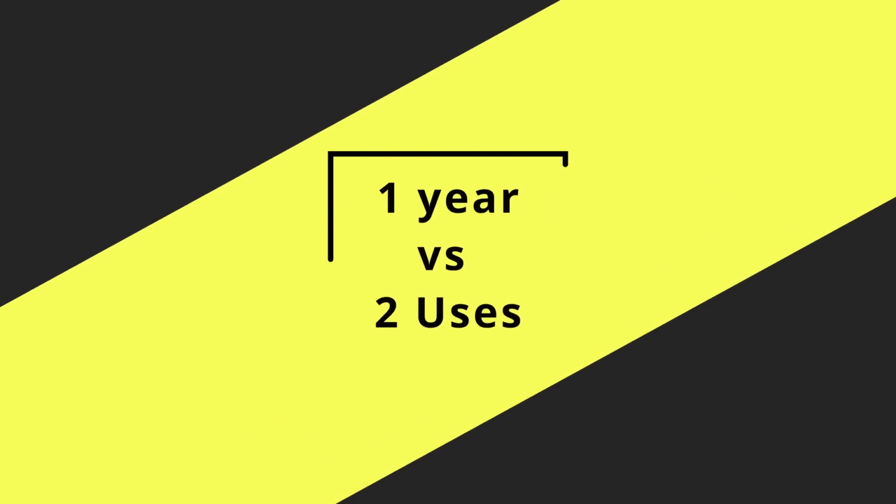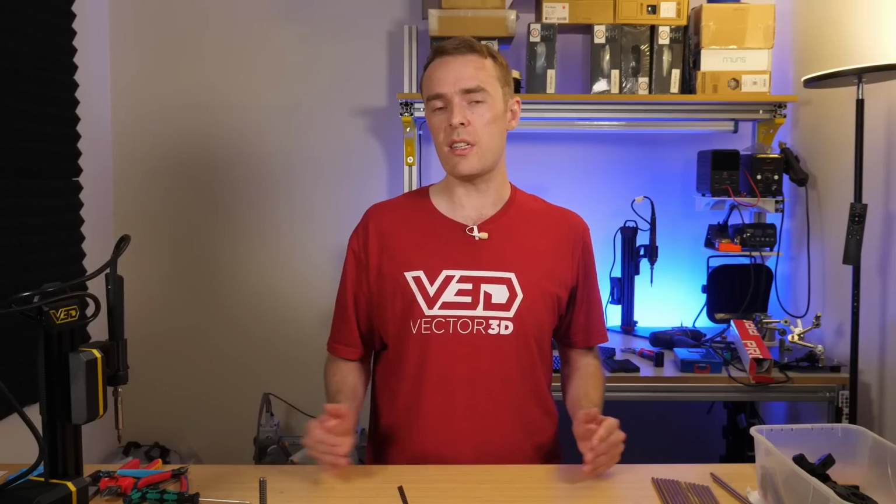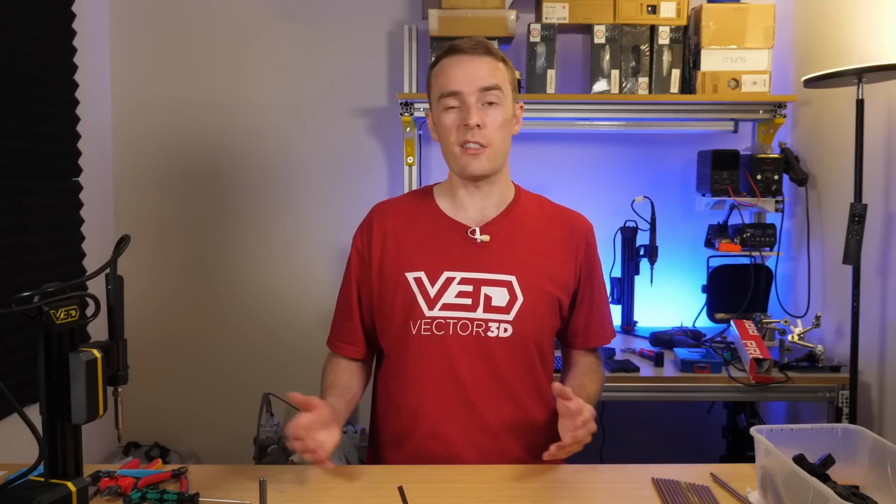One of the other mistakes I made is that my valuation for the annual subscription to Califlower was based on being able to use it as many times as you like throughout the year. But it's clear from the feedback in the comments on the video that people don't necessarily expect to use it more than once in a year. Now, if you only have one printer, that's probably reasonably sensible. If you have a couple of printers, or you're into getting new ones or building them, or you move them around and have to recalibrate, then other people will use it more than that.